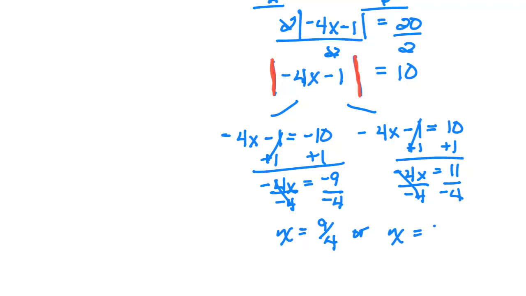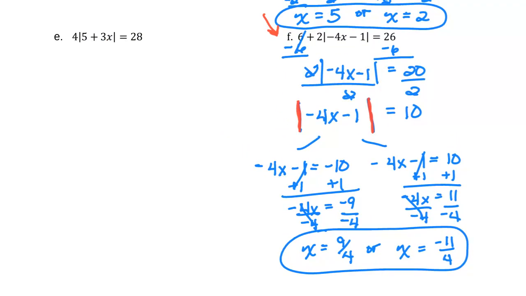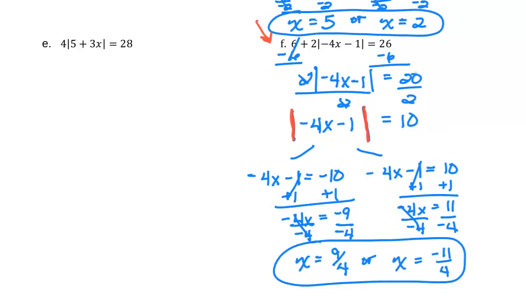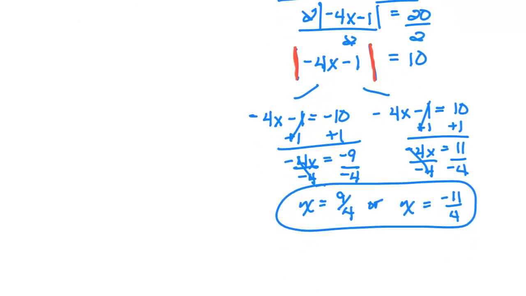And x is equal to negative 11/4. Okay? All right. Questions on that? Does it make sense? Undo addition, subtraction. Undo any multiplication outside of absolute values. Once it's isolated, separate into your 2 cases. Set 1 equal to the negative amount, 1 equal to the positive amount, and solve both cases, okay?